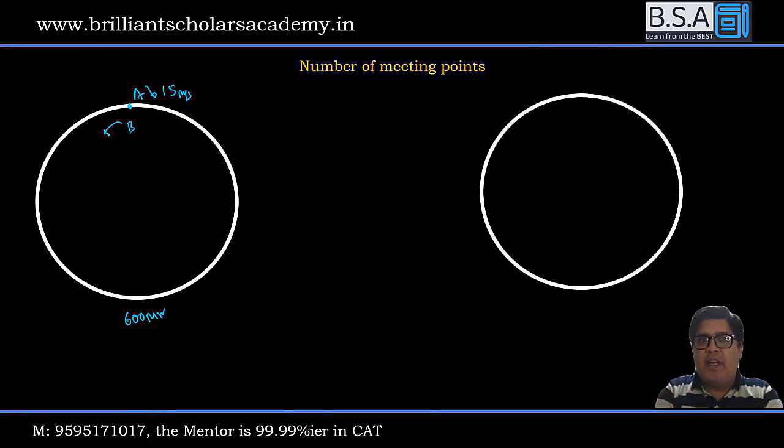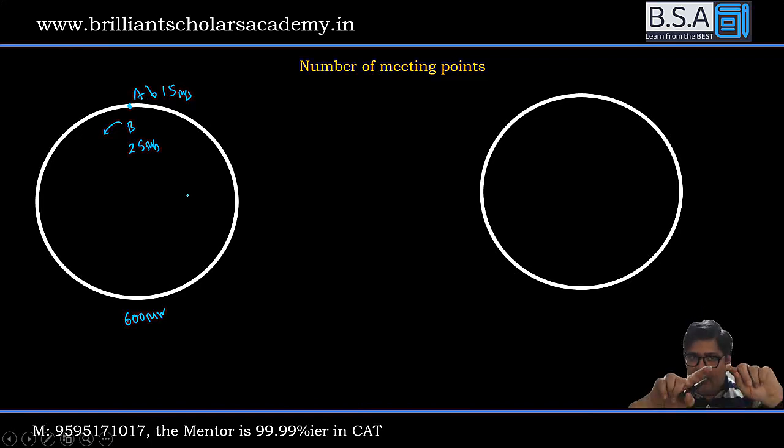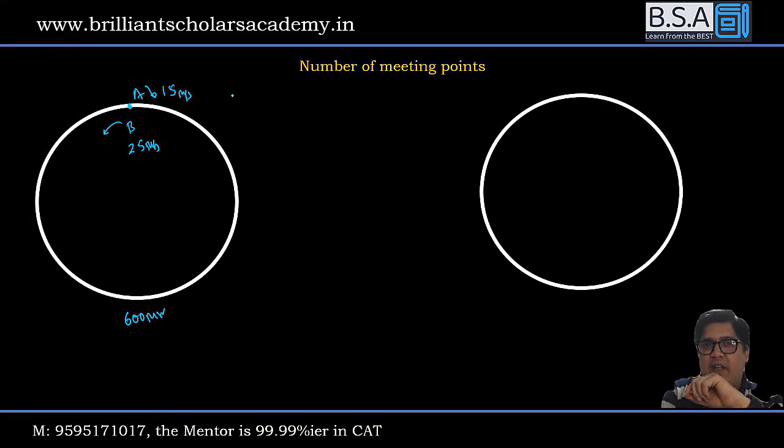B is going leftwards, anti-clockwise, with 25 meters per second. This would make you feel that they are traveling on a road in opposite directions, that this is the road length, that is the track. A is going right side, B is going left side. So follow the wording.